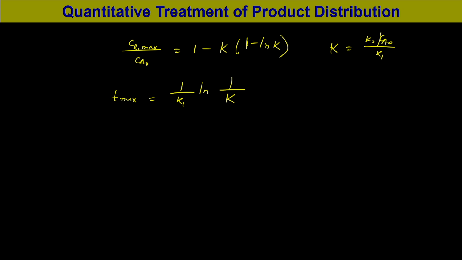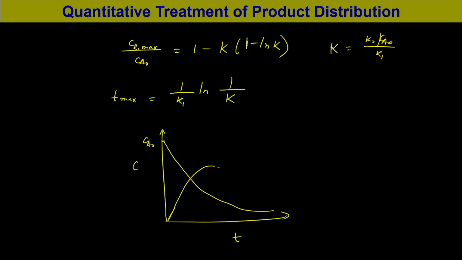The concentration profile, if we plot concentration versus time, for this first order reaction followed by the zero order reaction: the concentration of A, that is CA naught, will drop, then the concentration of R will increase to a maximum.